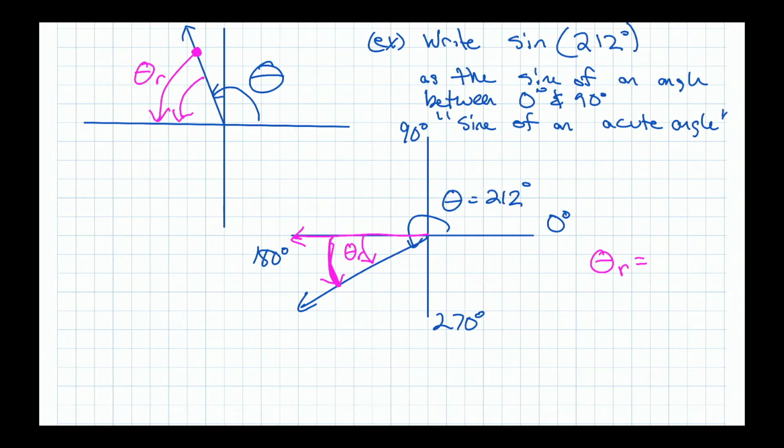It should just be 212 minus 180. That's how you're going to figure that out. And you do that, and it looks like 32 degrees. And so that's your reference angle.